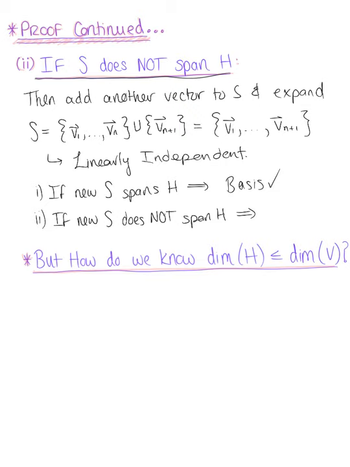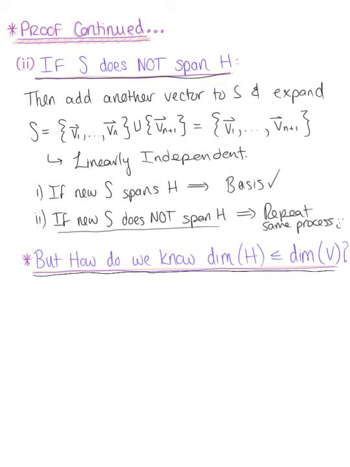We'll simply repeat this process that we just did here until we attain a set that does span the subspace. So again, if our new set here does not span H, we simply repeat this same process until we attain a set that does.